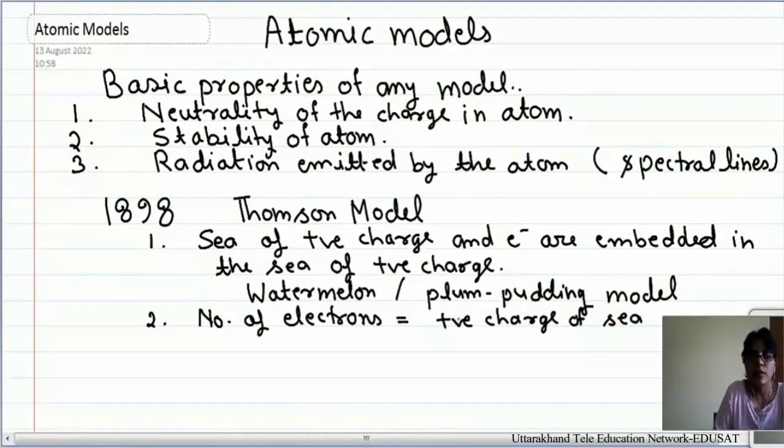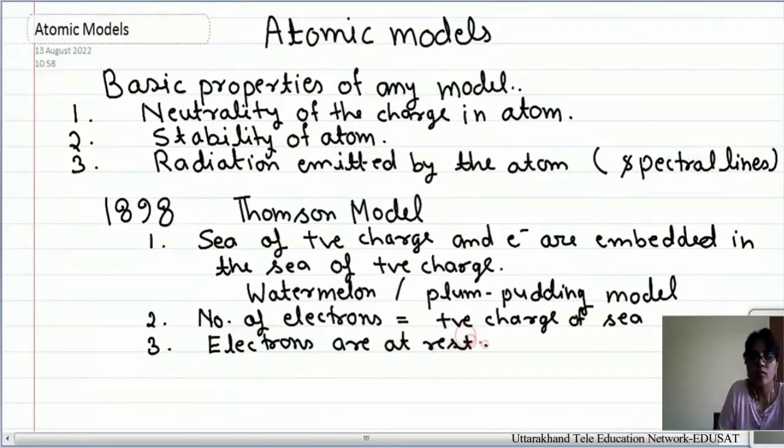So he was able to explain the neutrality of the atom, and then he said that electrons are at rest, and they emit the radiation only when electrons vibrate about their mean position.